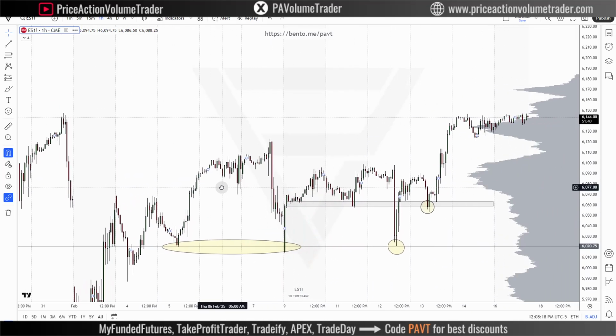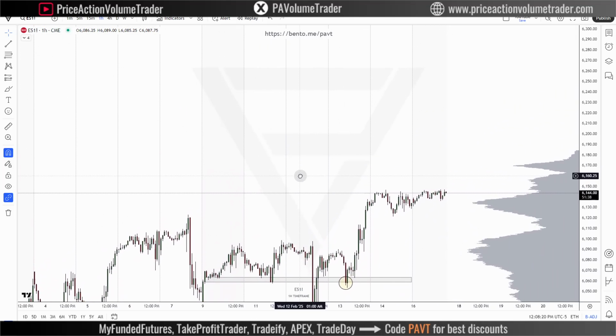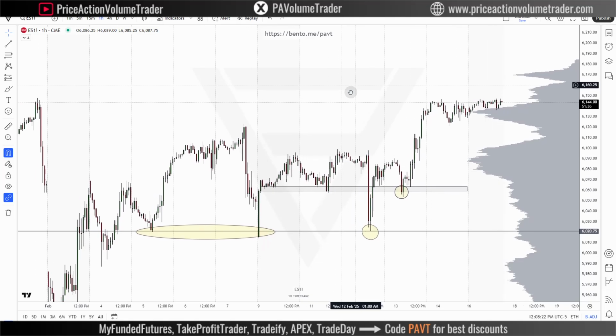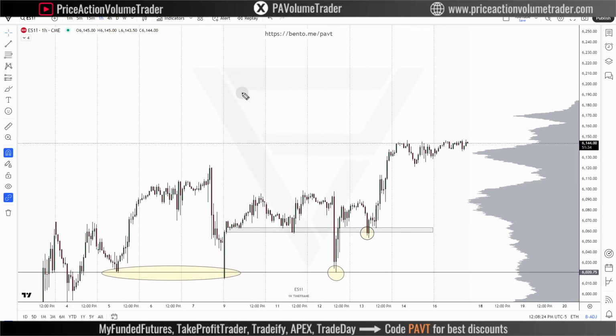The nice thing with the failed breakdown or breakout setup is we're not blindly putting a limit order here, hoping for it to hold and go. We're actually waiting for the confirmation that we are pushing beyond this level, and then we look to get back in once we are fully accepted.